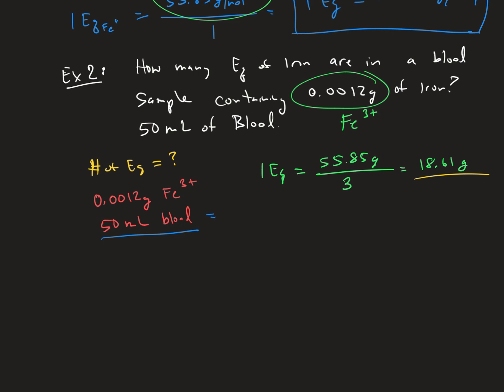So convert this into liters. 50 milliliters, 1,000 milliliters to 1 liter. Can you guys do this without doing dimensional analysis? If you can't, no big deal. Just do it, and you got 0.05 liters of blood. Good?